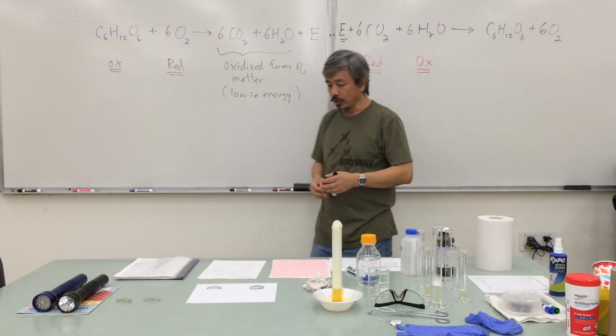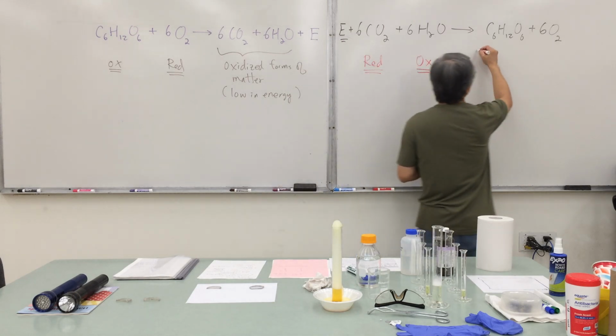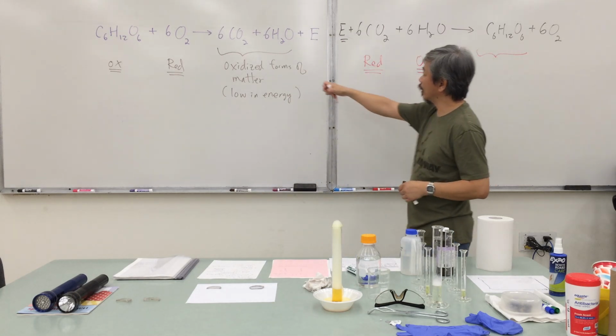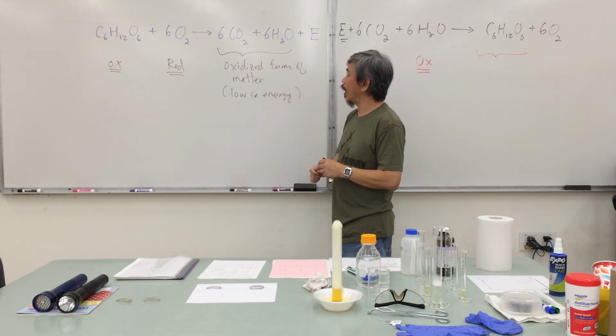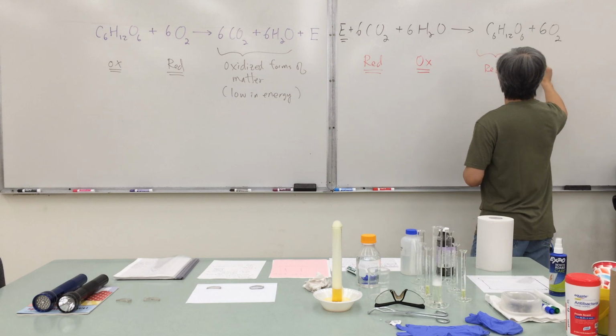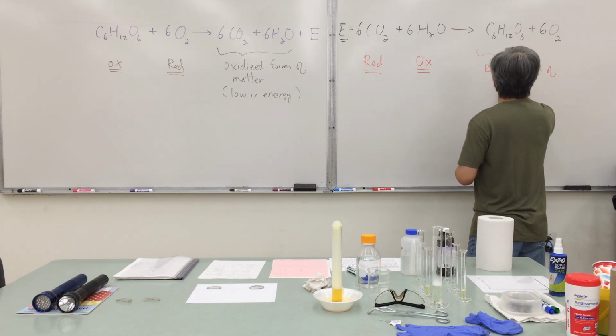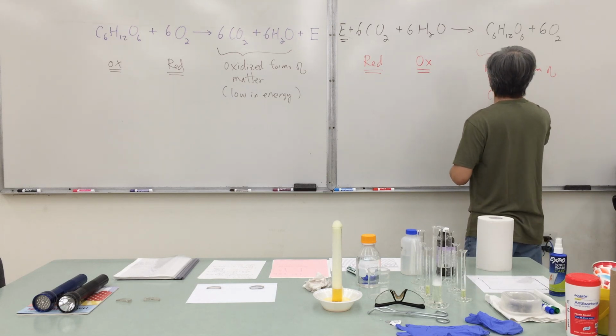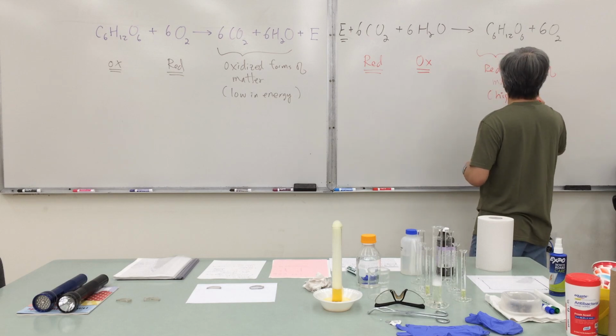And when you produce that as a product, whereas the other was given the name oxidized form of matter, this is now a reduced form of matter. As it turns out, reduced forms of matter have high energy content.